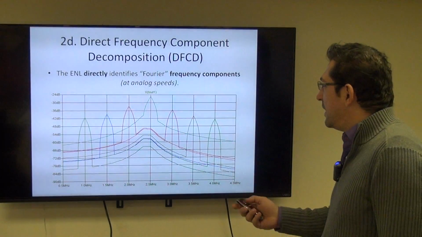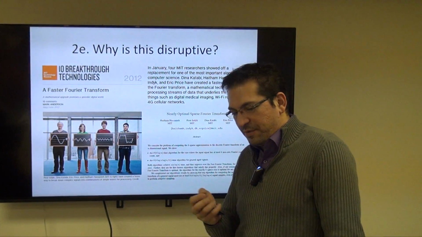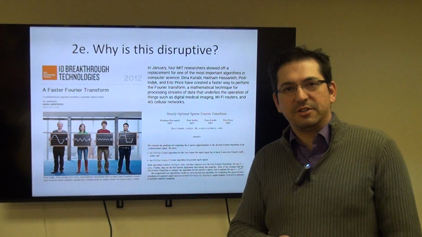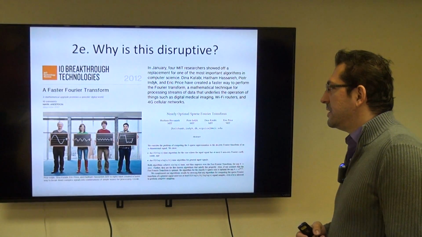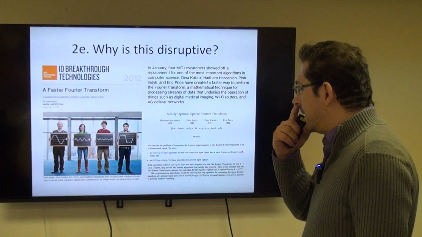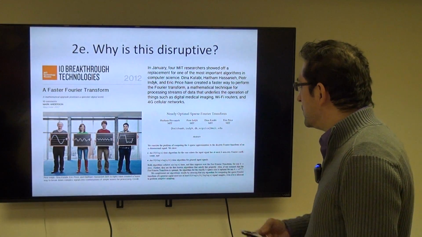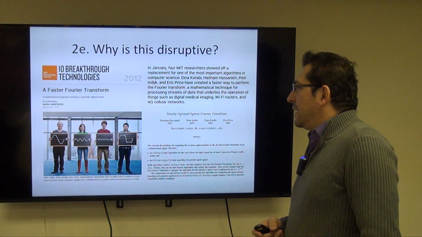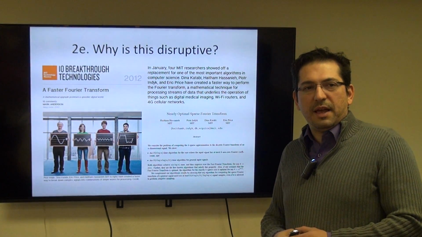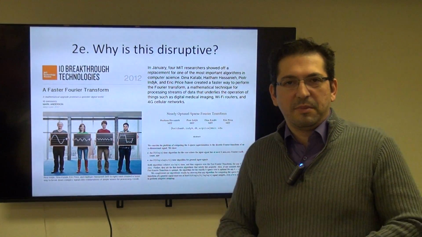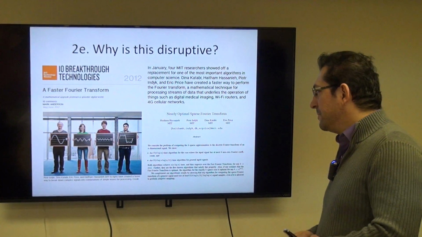And let me show you a graph that kind of brings this discussion to a T. A couple of years ago, I saw this presentation on MIT Review, about a paper that was published on a better fast Fourier transform. Of course it came up in my flags during my peer review process.